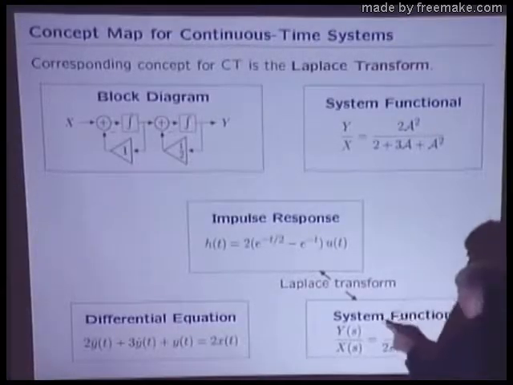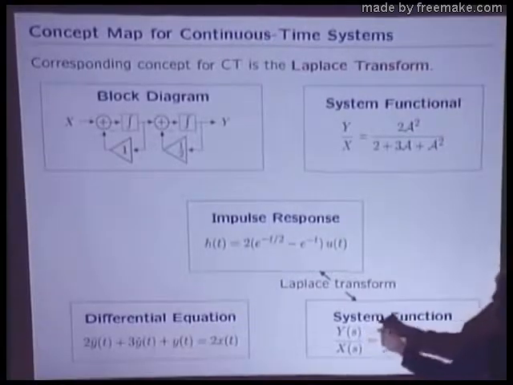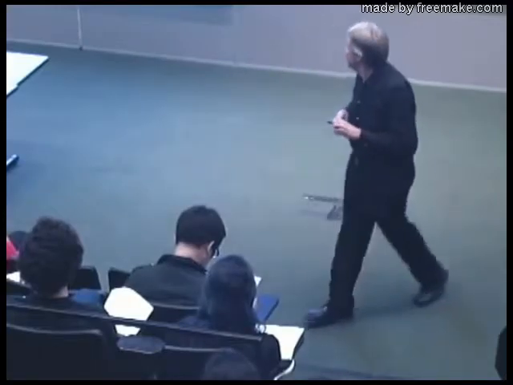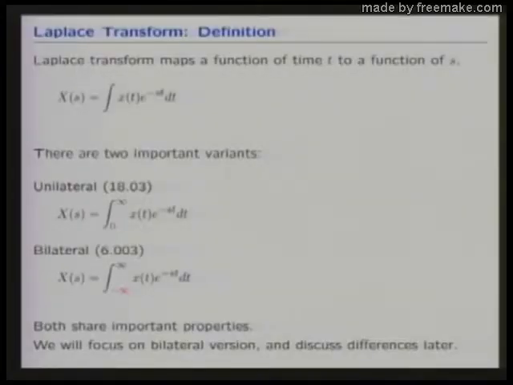We'll look at a relationship between the system function, which is a function of s, and the impulse response, which is a function of t. We'll look at that similar function for CT, the thing that's analogous to the Z transform in DT. So, the Laplace transform, just like in DT, where it maps a function of time to a function of Z, here it maps a function of time, which in CT we'll write that way, to a function of s.